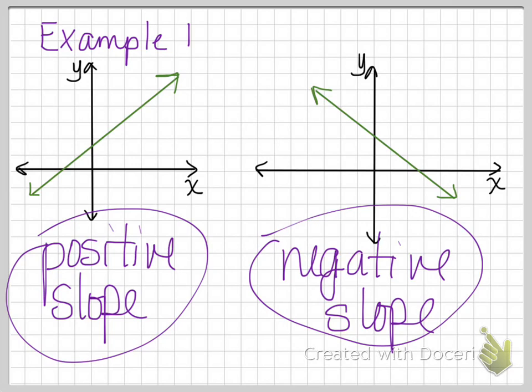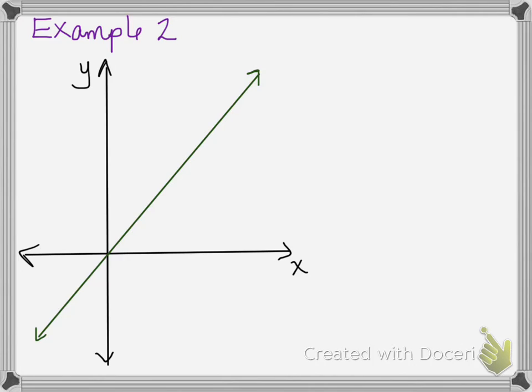Okay, so now that we know whether the slope's going to be positive or negative, we'll look more closely at what the number of the slope will be. So we're going to use this diagram. We have the XY axis, and we have a line that's going through the origin at 0, 0. We're going to call this line L, and we're going to label the origin with P. That's going to be 1 point on the line.